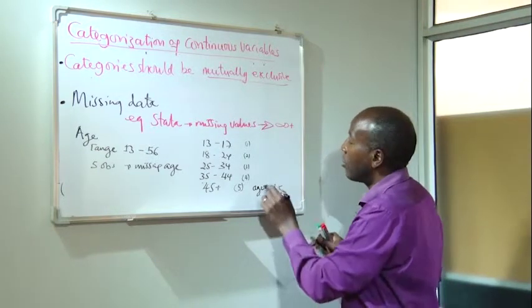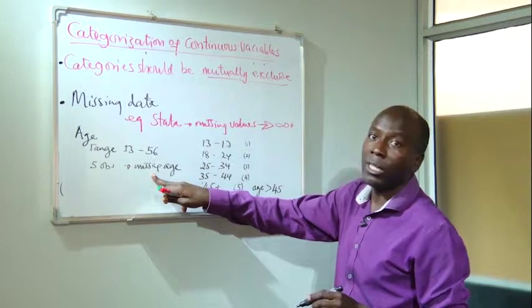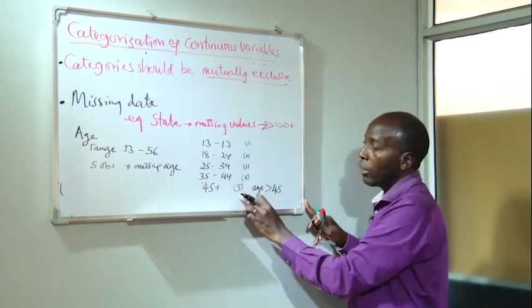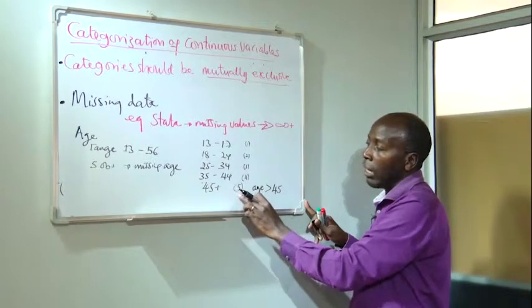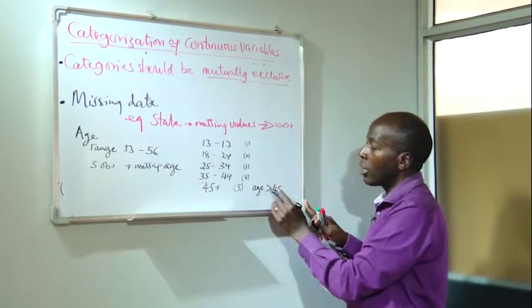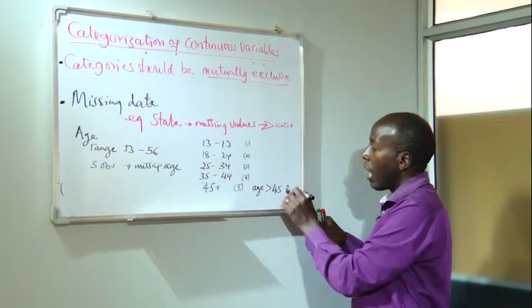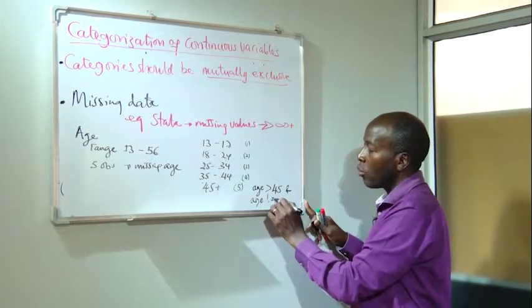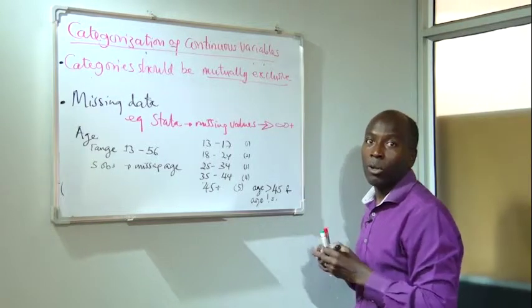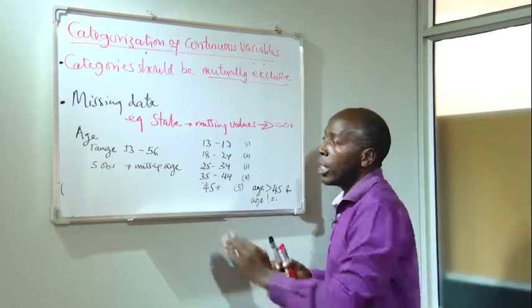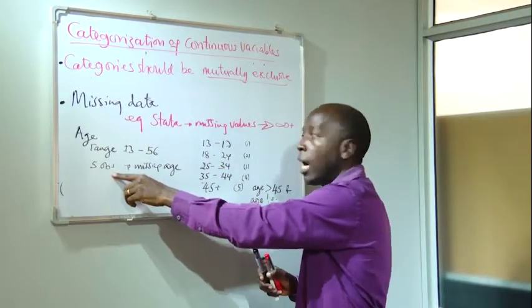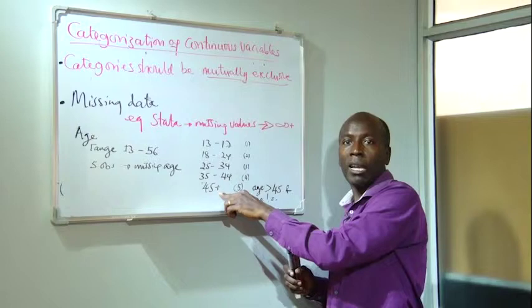Whereas now, if we know that it is missing, we tell Stata to generate category 5 if age is greater than 45 and age is not equal to missing. So it would take people whose age is 45 and above, but not missing, and put them into this category.